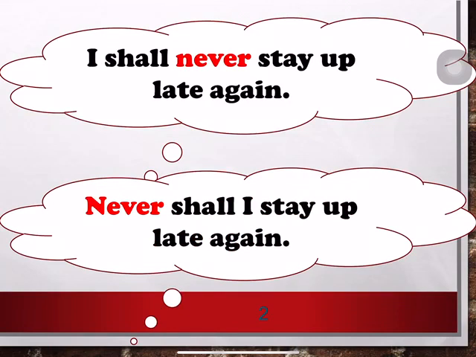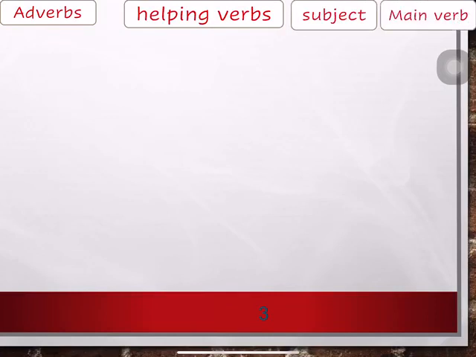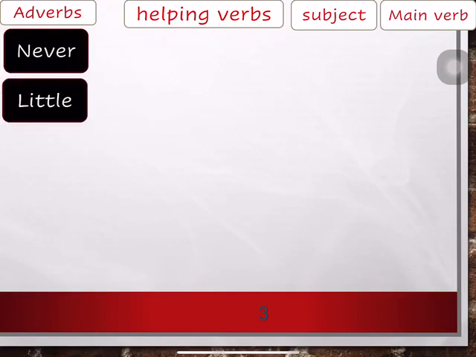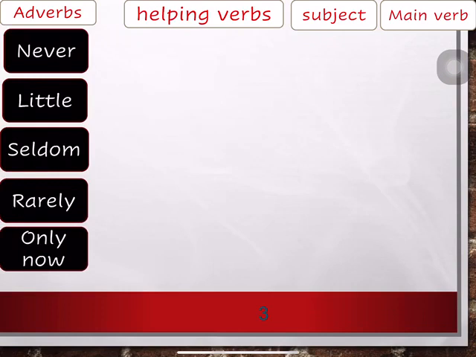What happens here is that I start the sentence with the adverb and I follow the adverb with a helping verb, and then I use the subject and then I use the main verb. Adverbs can be like never, little, seldom, rarely, and only now. Helping verbs are of two types.